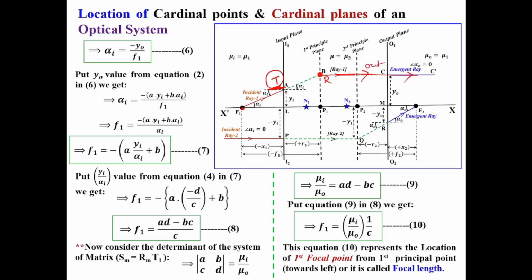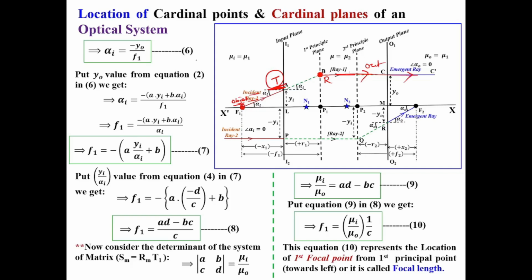So two matrices are required to represent this dynamics. If this is your input or object information from where the incident ray starts, this incident ray first translates from this point to this point, and at point B it is refracted.